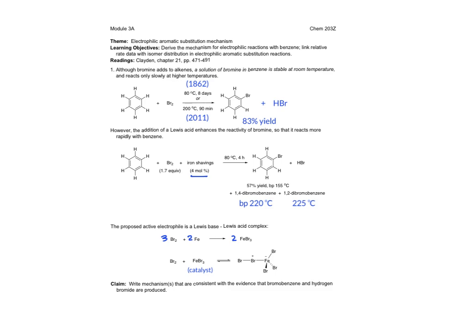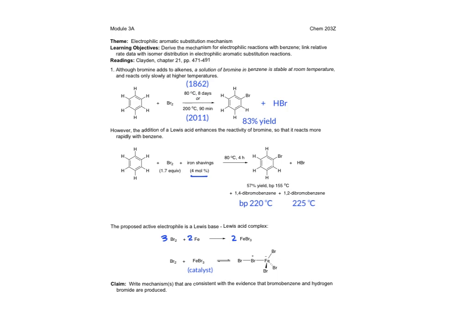Iron tribromide forms a Lewis acid Lewis base complex with bromine, which lowers the LUMO energy of the bromine to make it more reactive as an electrophile for the reaction with benzene as a nucleophile.